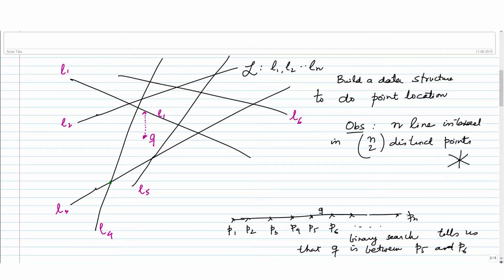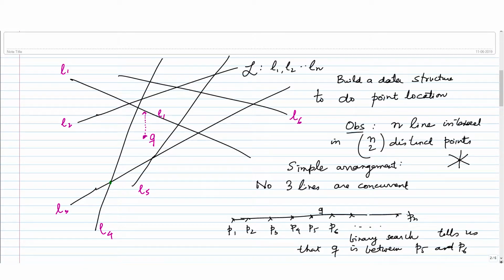But I am assuming, for the sake of making some of my arguments simpler, not that it will not hold otherwise, that it is called a simple arrangement. So, simple arrangement means basically no three lines are concurrent.